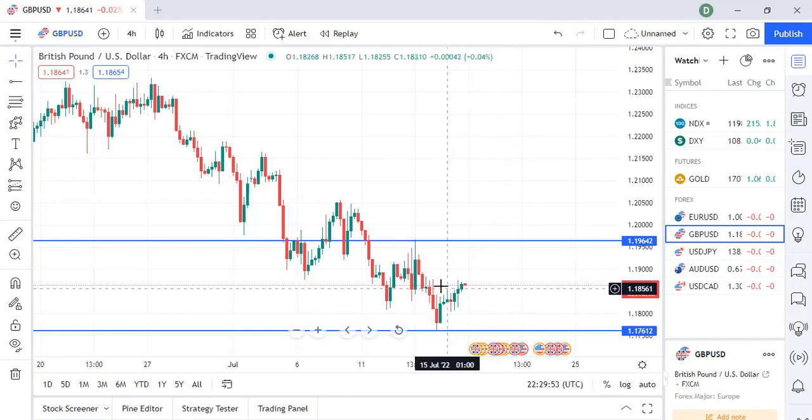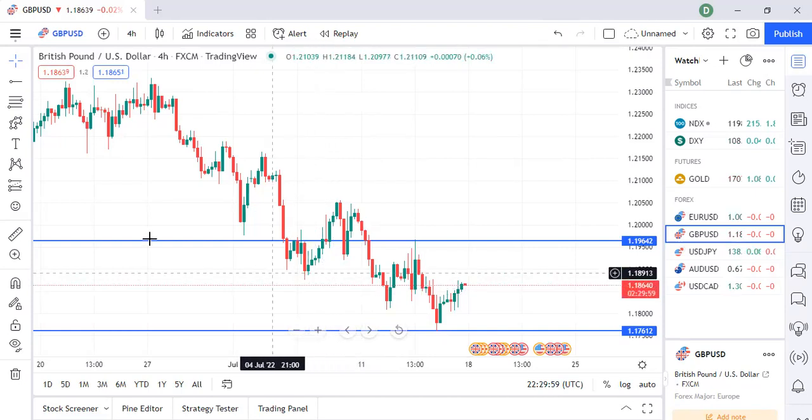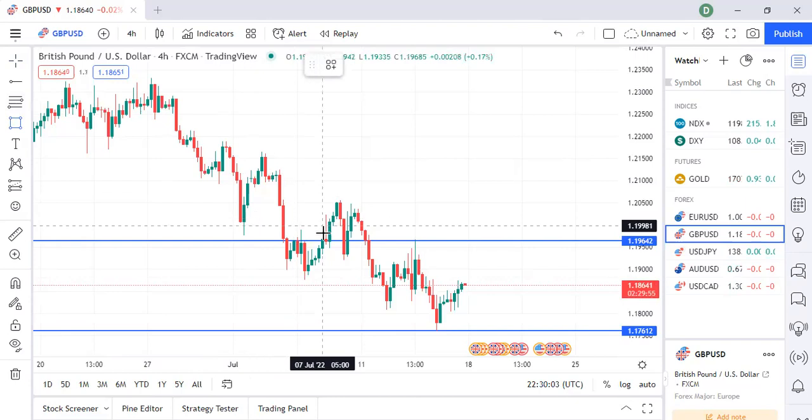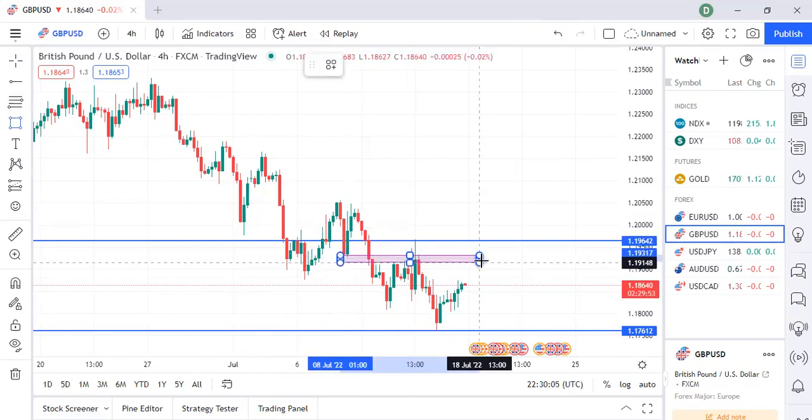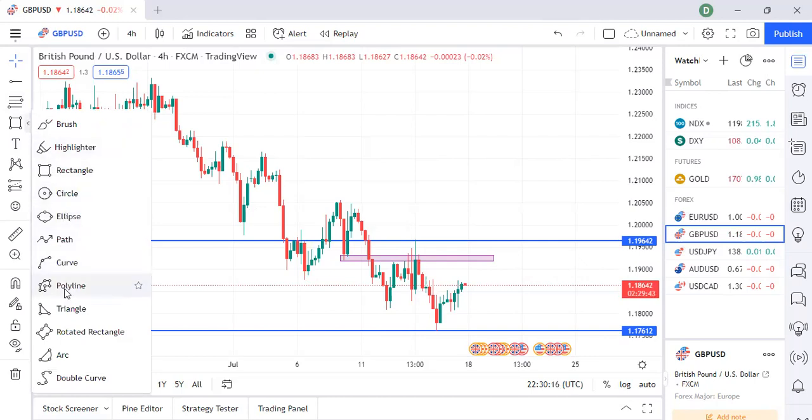So same thing here for GU, but GU has a peculiar way of moving. I'll be looking at GU making a move towards this area here. That is where I'll be looking at GU to make a move towards.